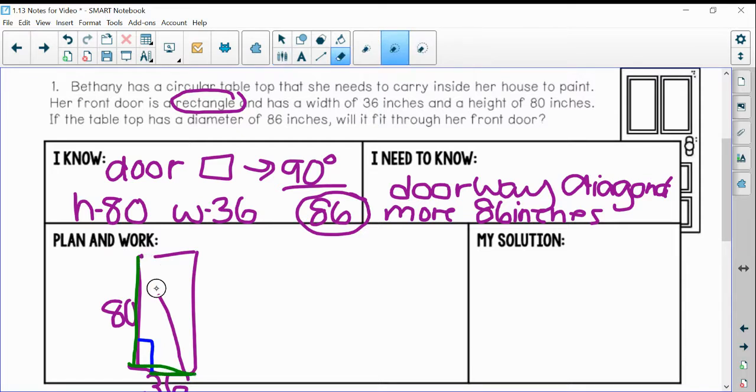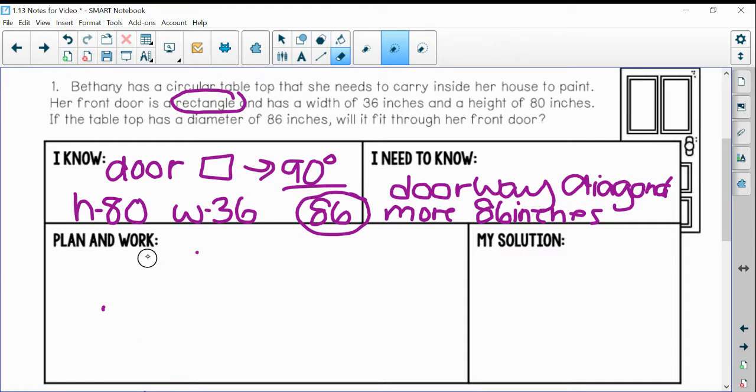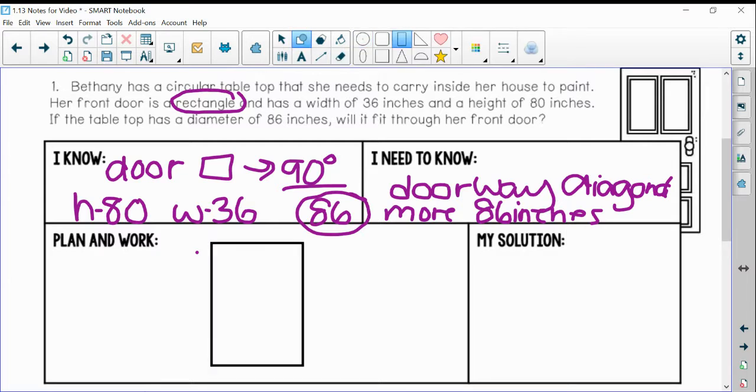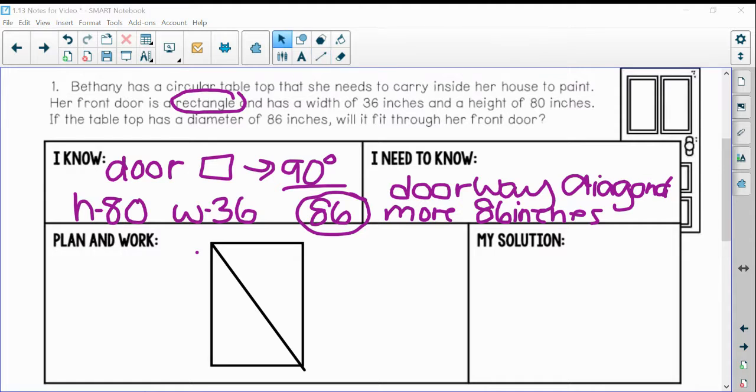My diagonal is not very straight, so we're just going to have a pre-drawn door so it looks better. All right, so there's our door and our diagonal that fits in our door.